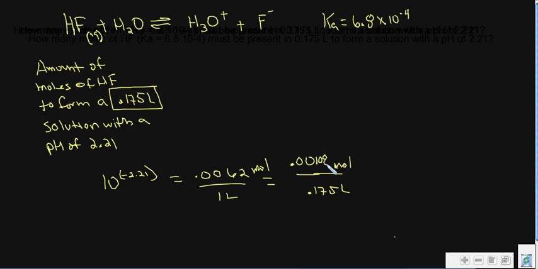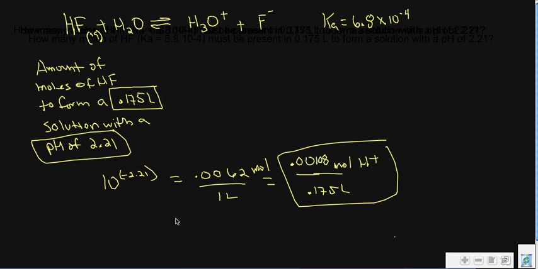All right, so what does that do? Well, that actually tells me the answer at that point, because if I know the moles of hydrogen ions, this is a 1-to-1 ratio. So I lost 1 mole for every mole that became hydrogen ions. So that's the answer. It would take exactly this, 0.00, and let's round it off to keep significant digits.